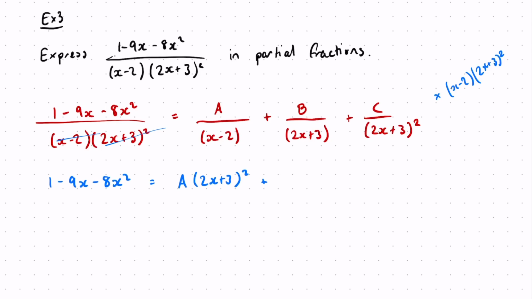On the B, one of the 2x plus 3's will cancel out, but the other one won't, leaving me with B(x minus 2) with one lot of (2x plus 3).